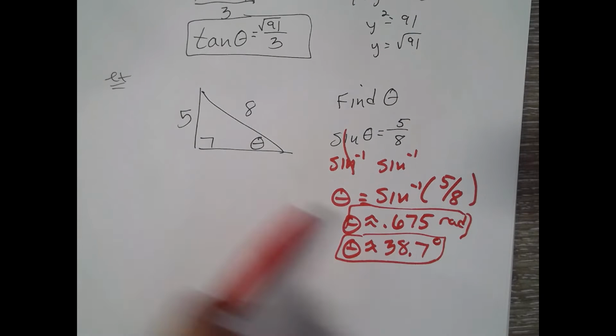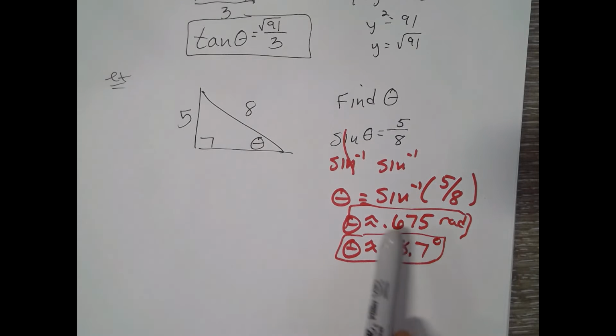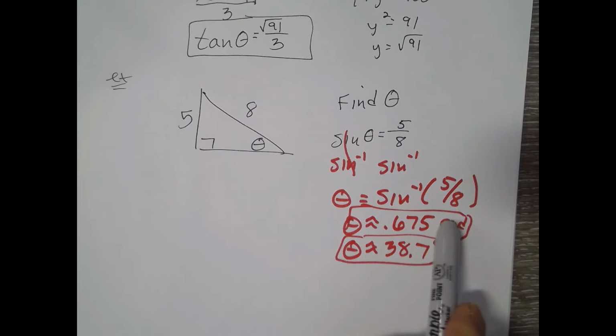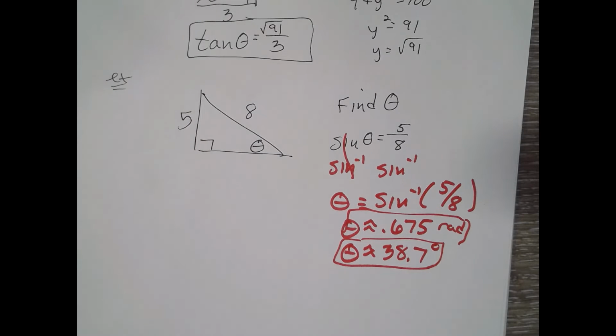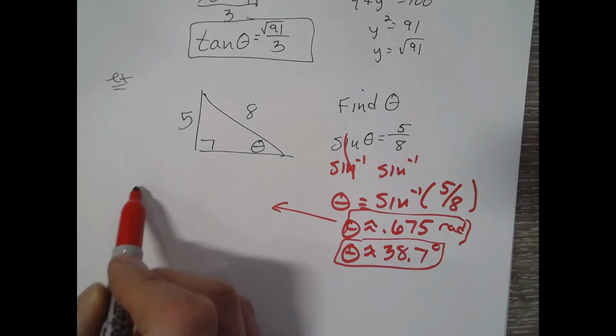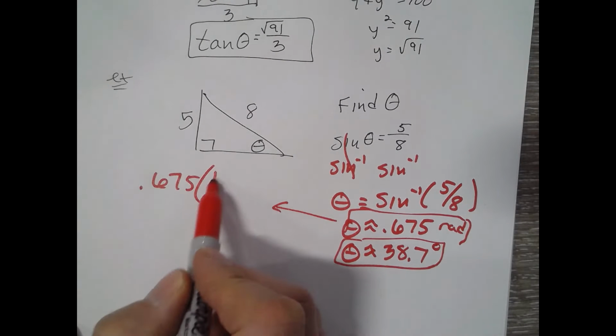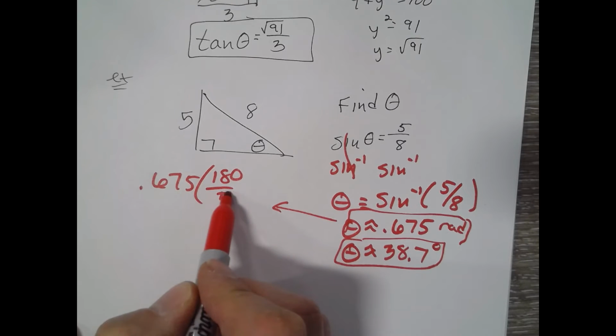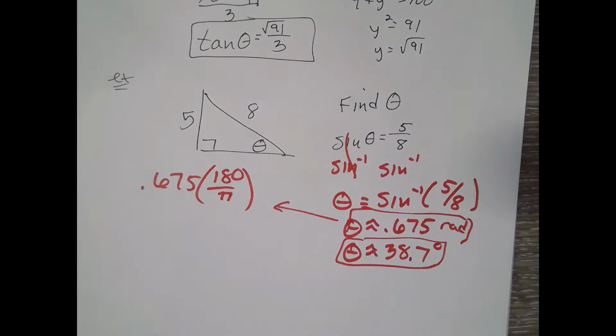You probably wouldn't have it in radians for this. So 38.7 degrees. If you're looking for degrees and you get a decimal like that, go to mode on your calculator, change it to degree. Or you could just take your answer and multiply by 180 over pi, and you should get the right answer. That'll change your radians to degrees.